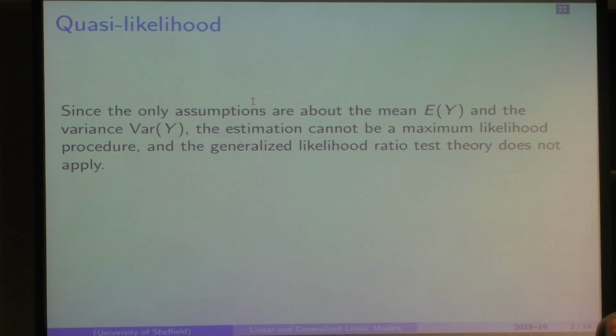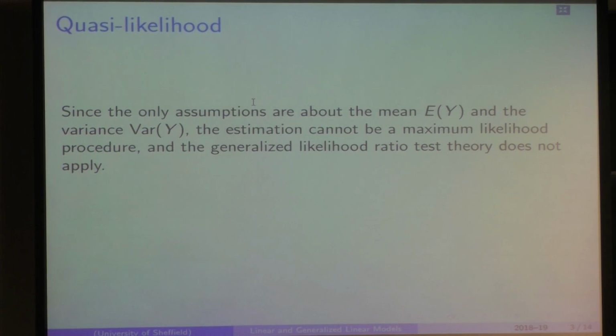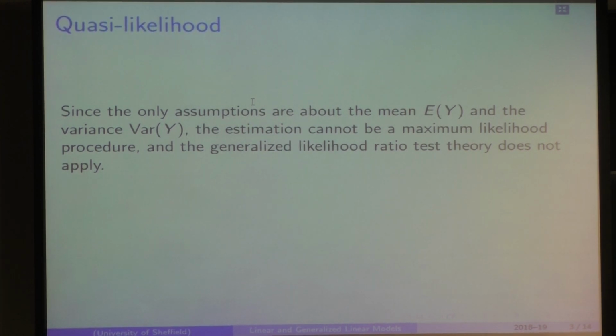So if we're just making assumptions about the mean and the variance, we don't have a specified probability distribution. And because we don't have a specified probability distribution, we can't write down a likelihood. Our only assumption is about the mean and the variance of the distribution, so we don't have likelihoods. So it seems that our methods for fitting generalized linear models and for doing tests which involved likelihoods and generalized likelihood ratio tests, seems like we can't do those if we don't have likelihoods.